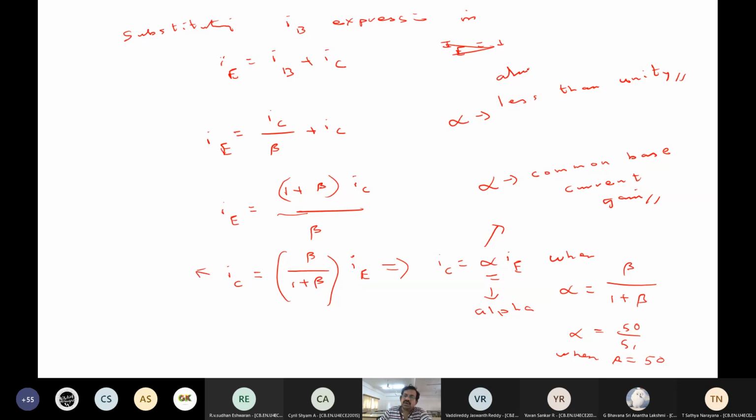And a small variation in alpha will be a problem. So ideally you want alpha closer to 1, so that all of the electrons are able to reach the collector terminal, so that you get the maximum gain out of the transistor.